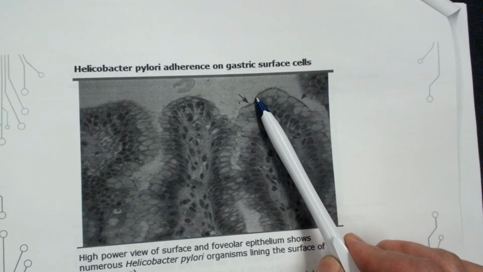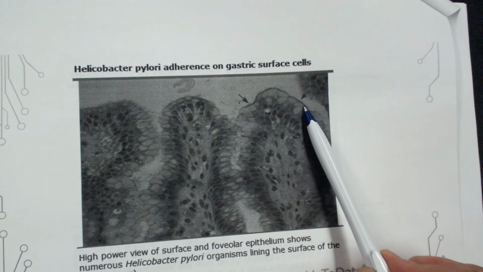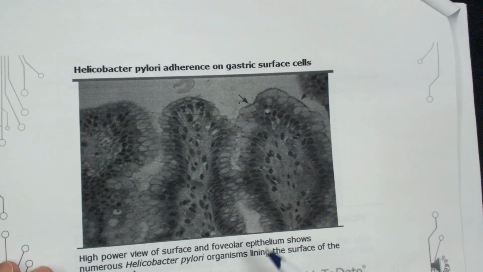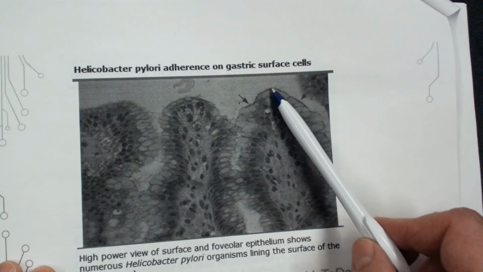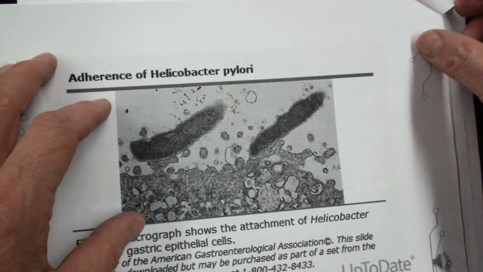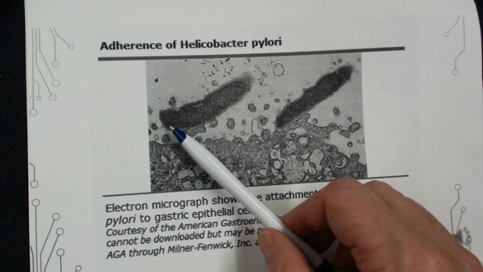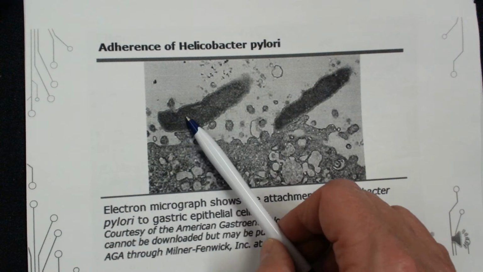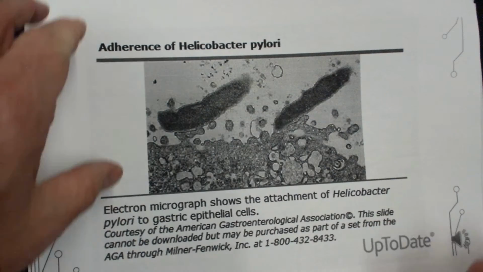You can see this dark line here of cells. Those are Helicobacter pylori attaching to the surface of gastric gland cells. And here is an example of Helicobacter pylori nicely attaching. You can see it induces the formation of a little pedestal upon which this will attach. So it binds very tightly to the gastric epithelium.